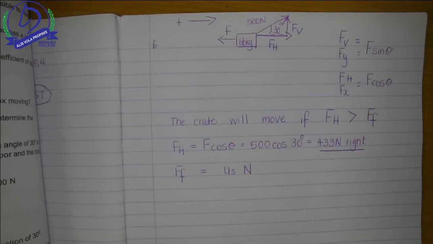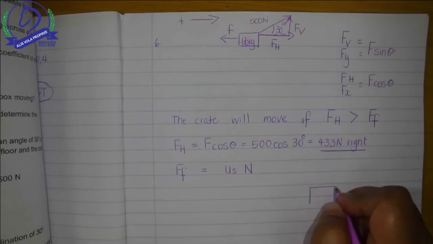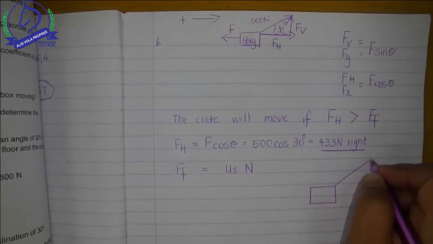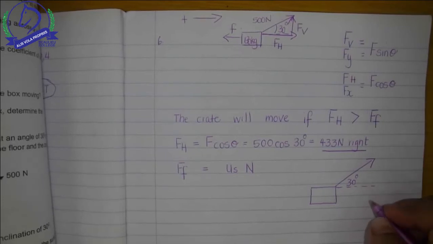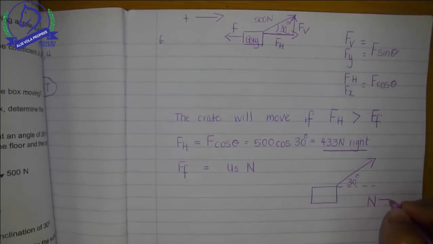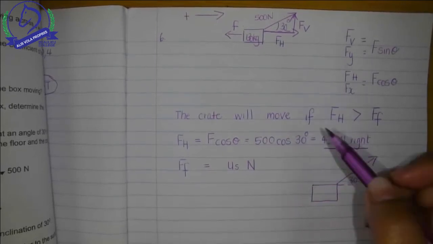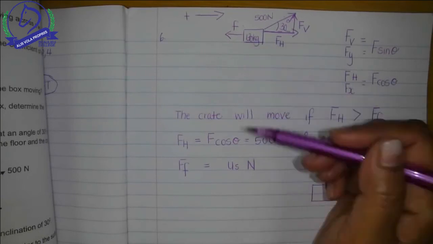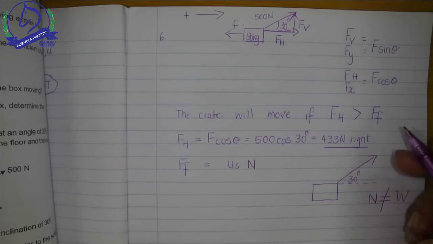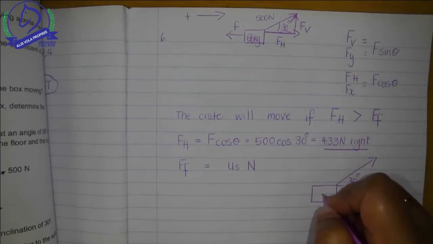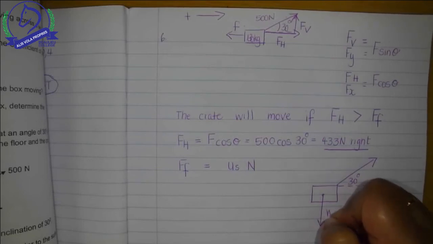Now remember, this object is being pulled at this angle of 30 degrees. When the object is being pushed or pulled, the normal force is not equal to the weight. So we can't say that because this is 130 kilograms, we multiply that by 9,8 and we will get our normal force. If we look carefully in this diagram, we have our weight which acts downwards.